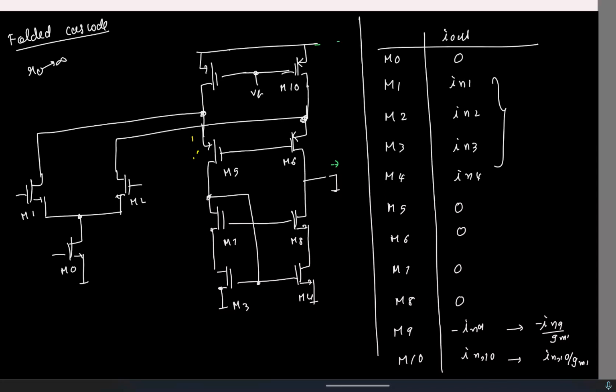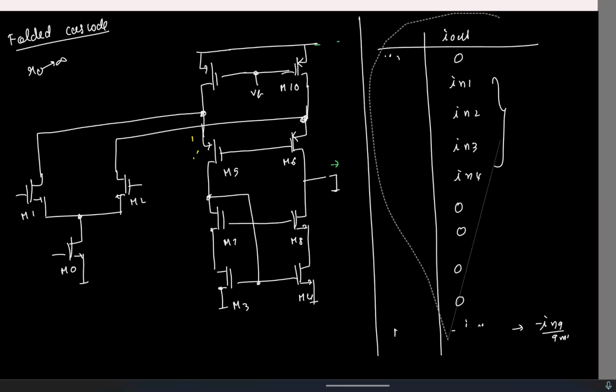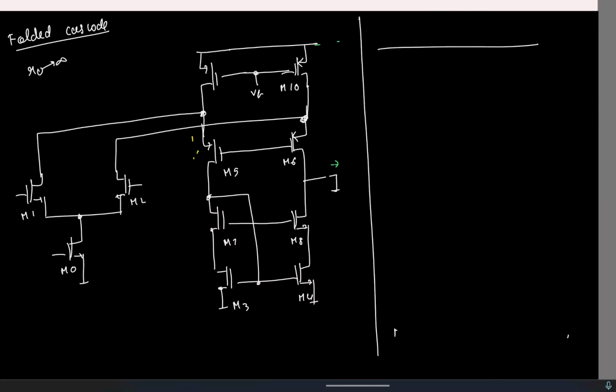Now for offset, I'll have to consider one more additional pair, M9, M10. So I'll call it I out.